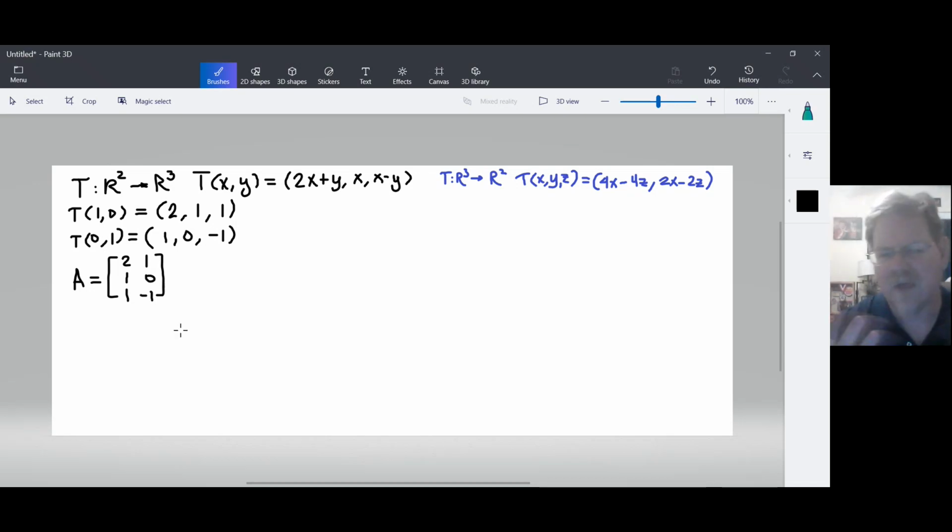You might ask, why do I need that? Well, any linear transformation we can write as matrix multiplication. If I have a column vector (x, y) and multiply it on the right side of A, the result is 2x plus y, x, and x minus y, the exact output of the linear transformation.